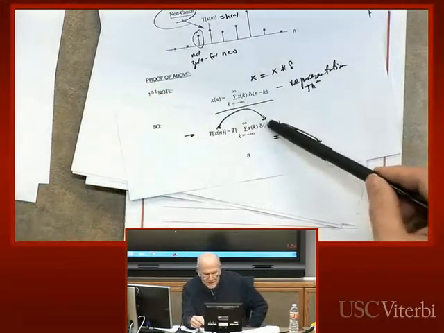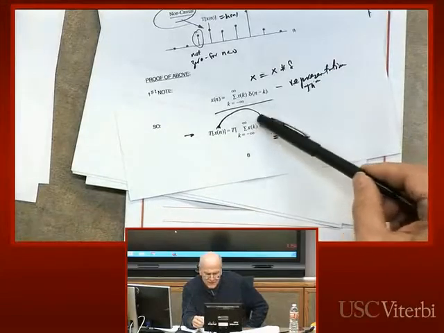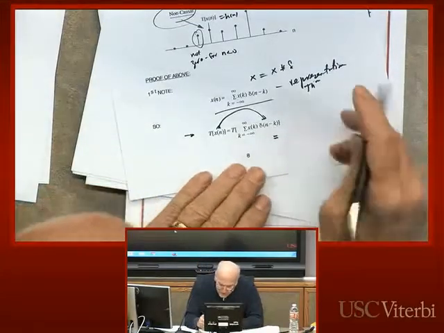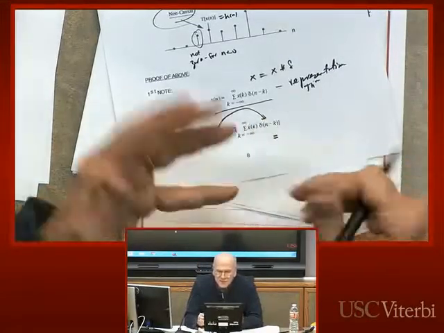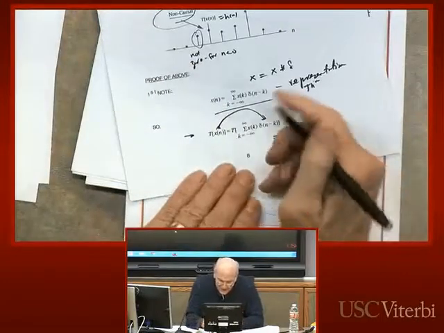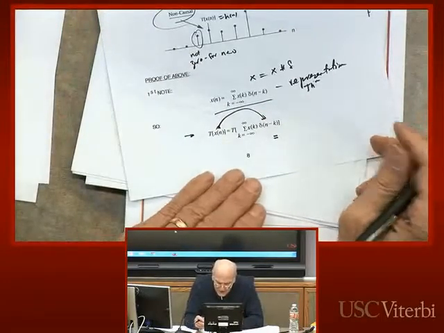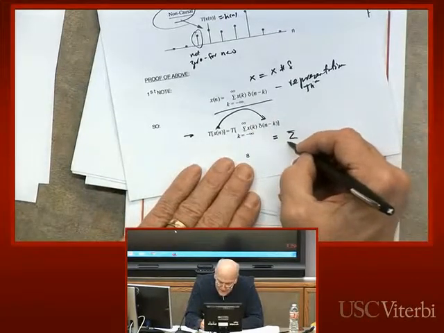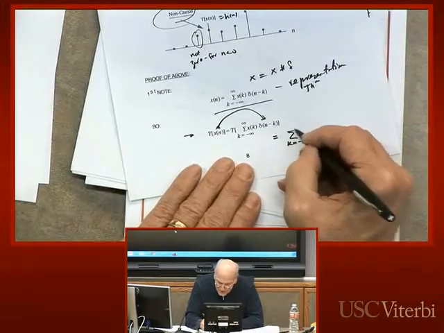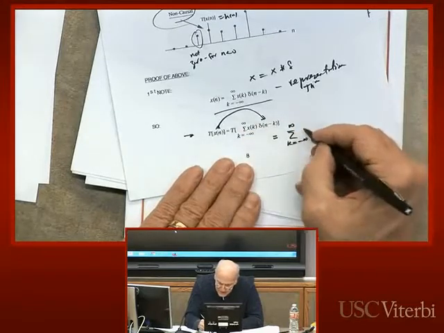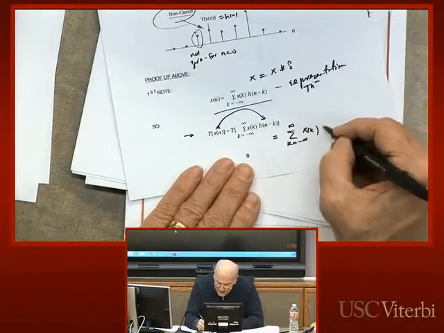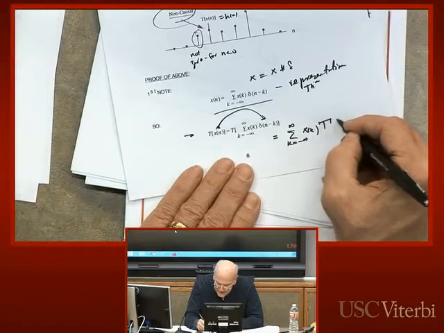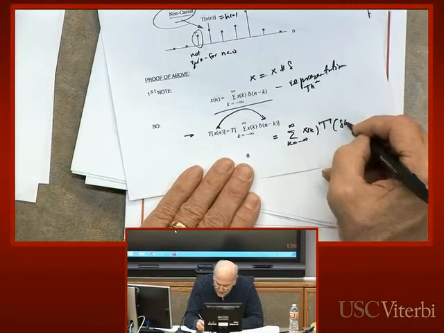The only thing that depends on time is this delta, so x of k can be thought of as a constant times this time-varying function. So we can write this as the summation from minus infinity to infinity of the constants, x of k, times T of delta of n minus k.